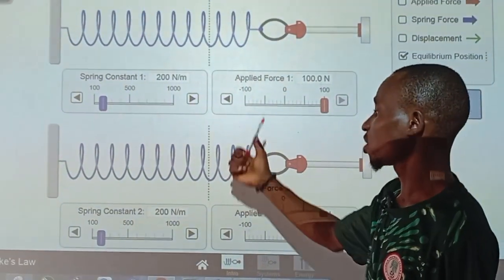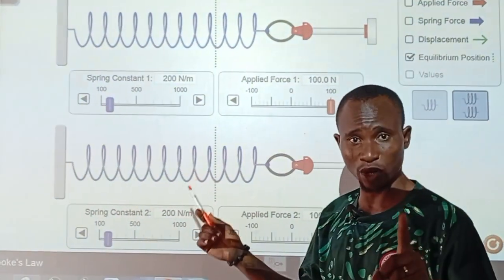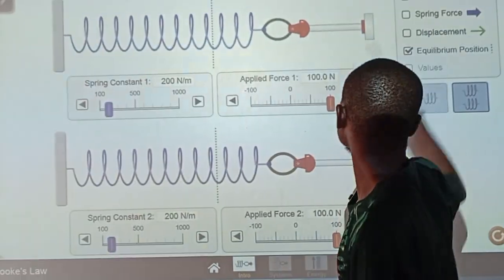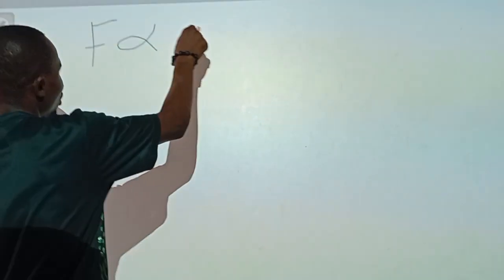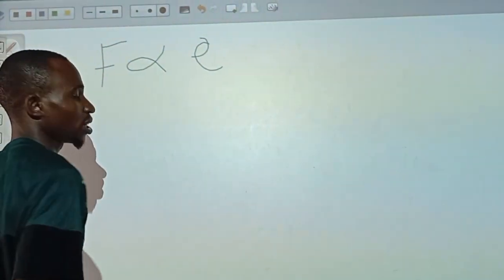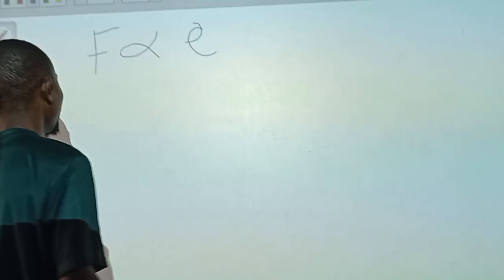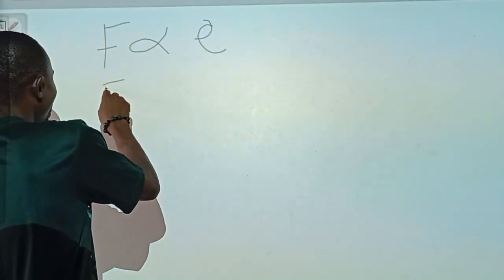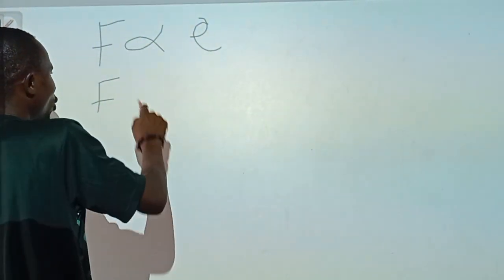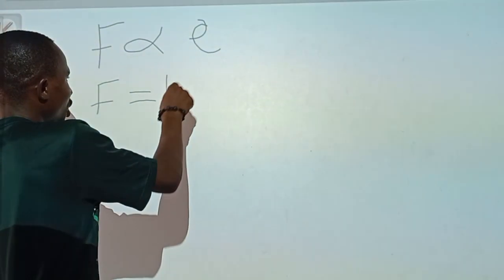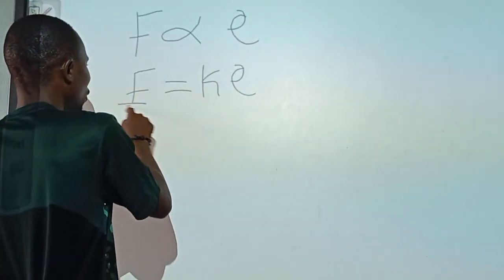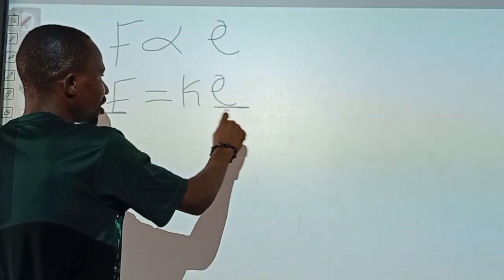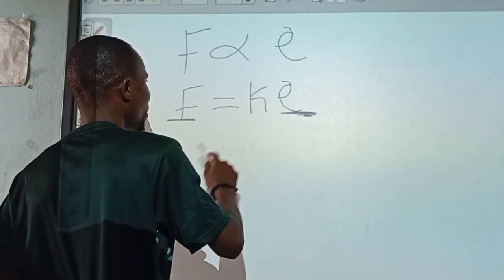All right, so let's go to the mathematical expression of Hooke's law. Mathematically, we said F is directly proportional to e, which is the extension. So we have force now. F, removing our sign of proportionality, is equal to introducing a k, F = ke, where F is the force applied and e is the extension caused by the force.